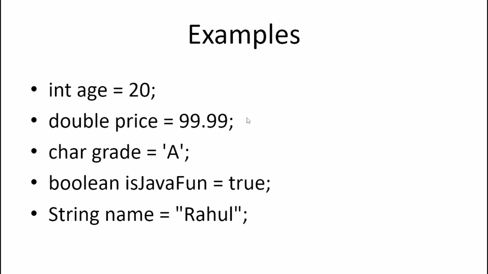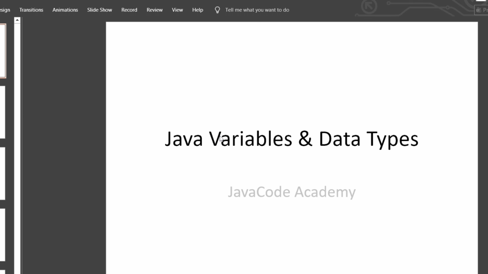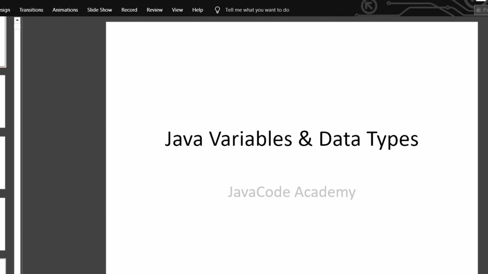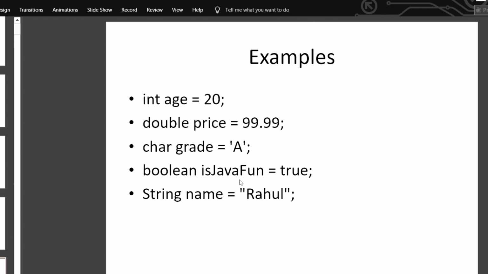Here we see the examples. The example we executed: integer data type age equals 20, and then print the age. Double price is 99.9. Char is a grade like A, B. We implemented the code.